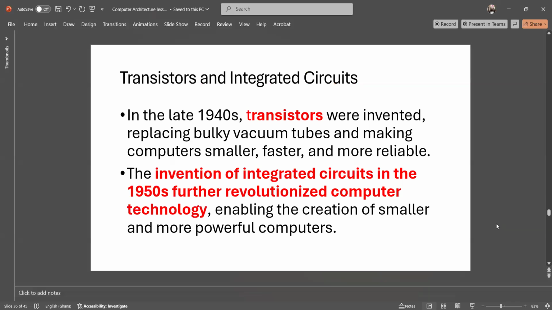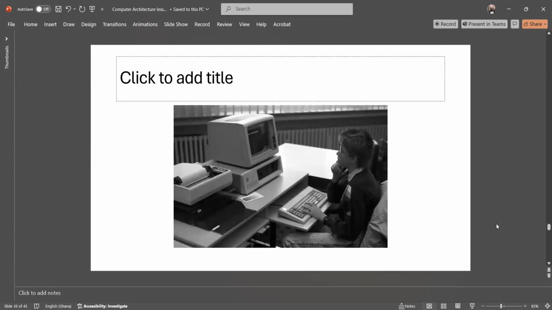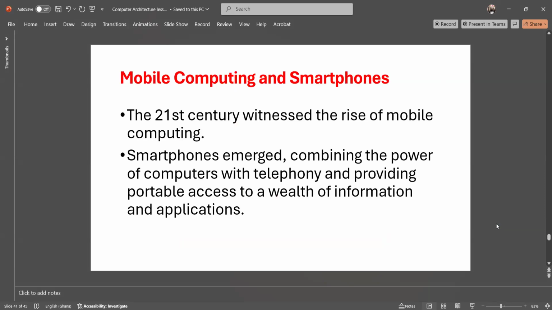I want you to read transistors and integrated circuits. I want you to read the personal computer. And I want you to read mobile computing and smartphones. These are your reading assignments before we appear here next week. Are we clear? That is the first one.